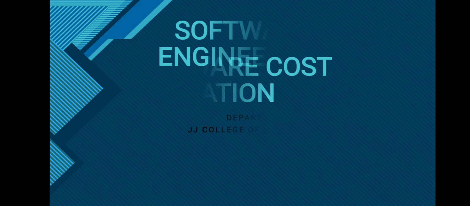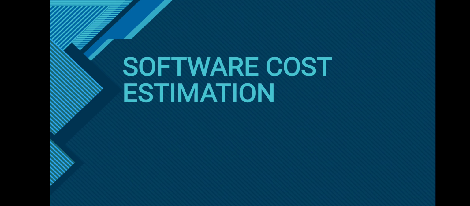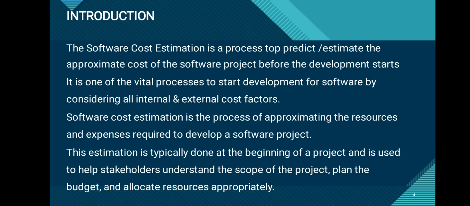In this session, we are going to discuss software cost estimation. Cost estimation is a process to predict and estimate the approximate cost of the software project before the development starts.